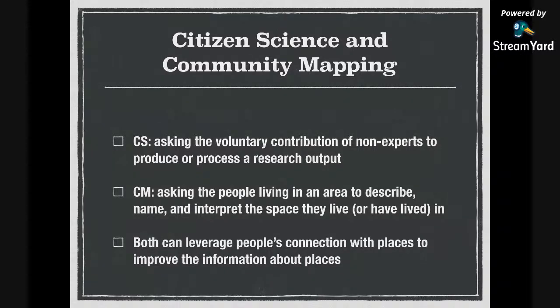Citizen science definitely uses crowdsourced information to produce an academic output, even though part of the information comes from non-academics, non-experts in the field. And there are loads of very famous and successful citizen science projects, from the natural sciences, spotting penguins, counting stars, and counting and mapping brain cells, and so on.